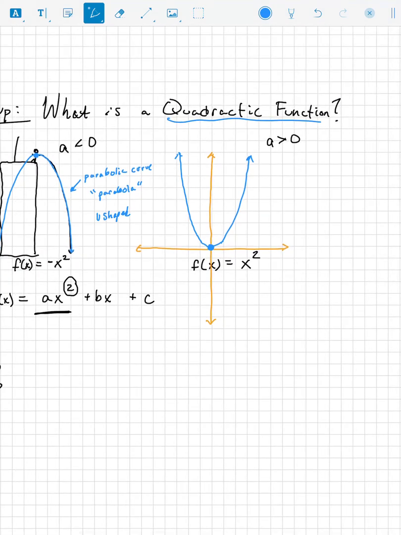Now, if it's a U-shaped, a positive quadratic function, it'll have what we call a minimum. And it'll actually be the lowest point. And it's always in the y direction. So we're really looking for the y value of my lowest point here. Now in this case, my lowest point happens to be 0 on the y-axis.